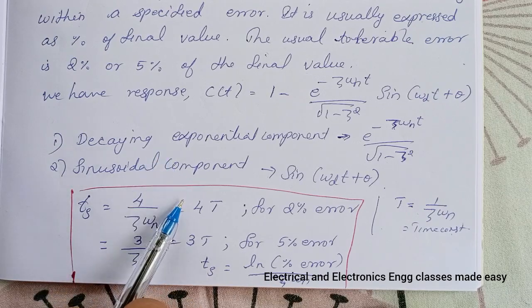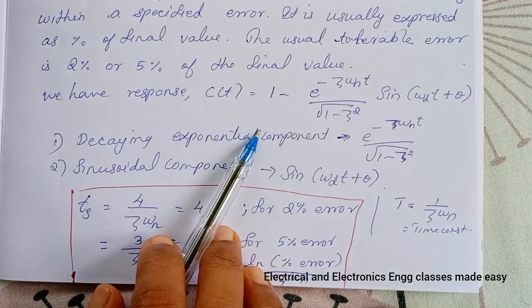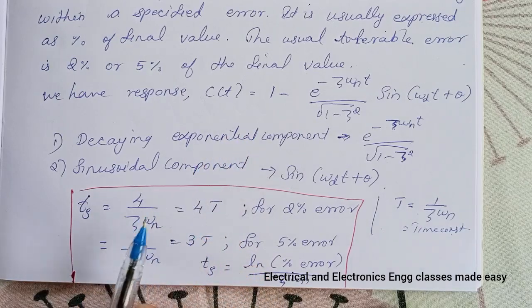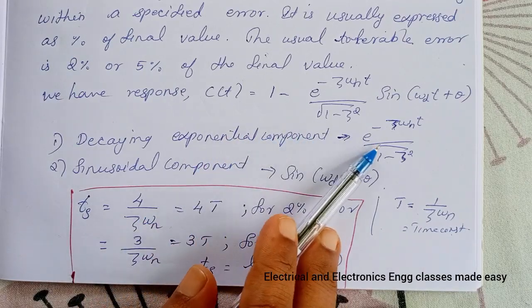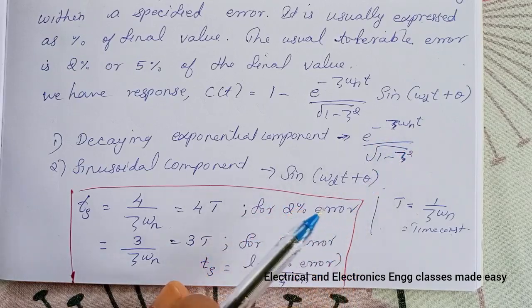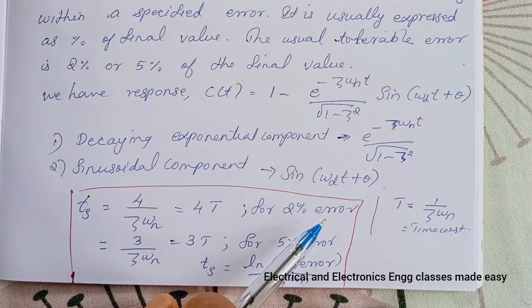Hence, the settling time is decided by the exponential component. So, the settling time can be found out by equating the exponential component to the percentage tolerance error.